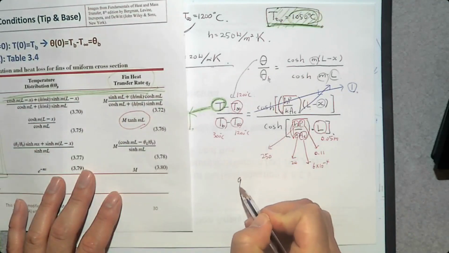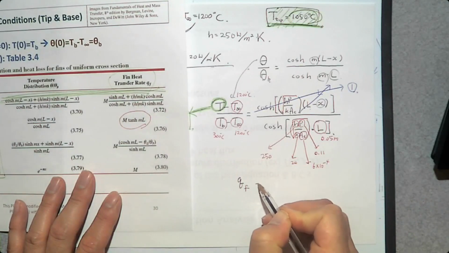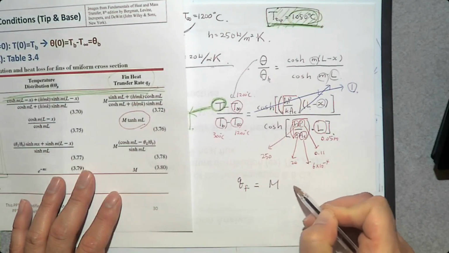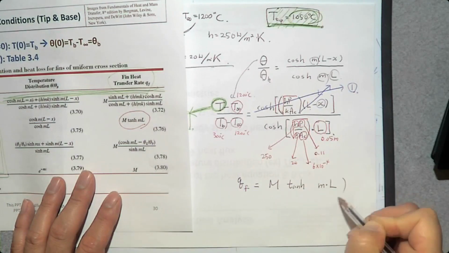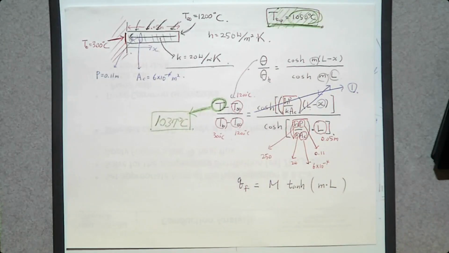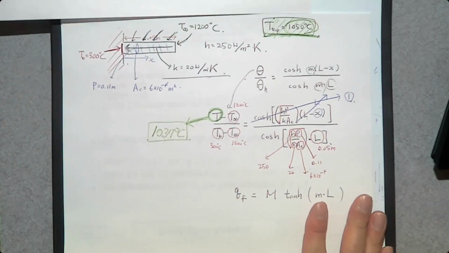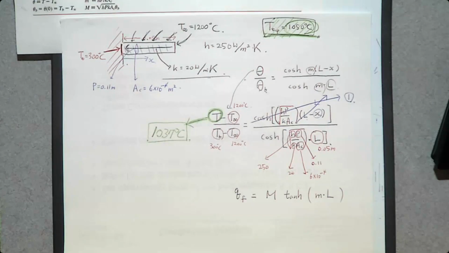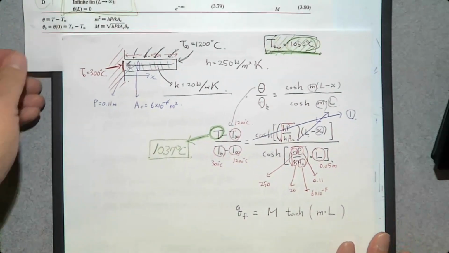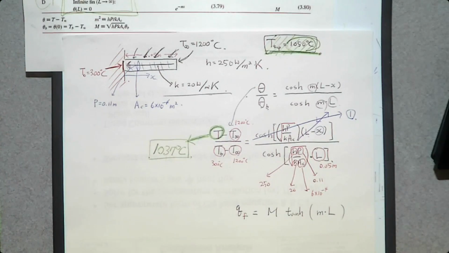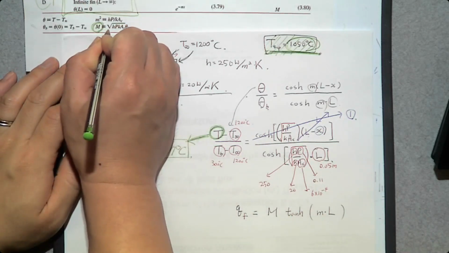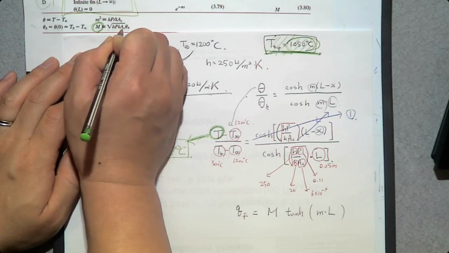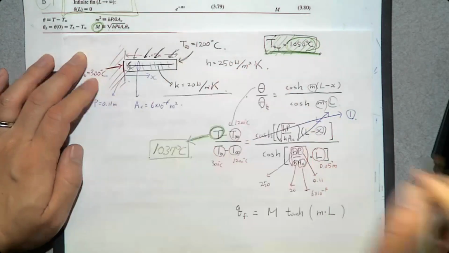So Q of the fin can be determined by capital M, hyperbolic tangent, tanh, m times L. I don't know what is this capital M. Then you can go to the bottom of the table, and there is capital M, the square root of hPkA_c times theta B.